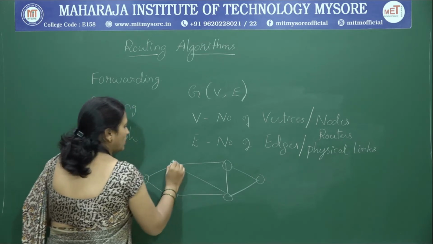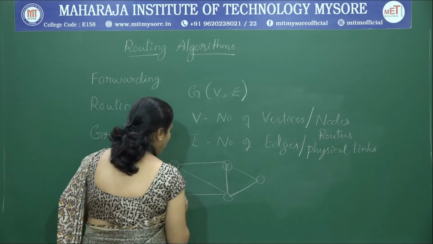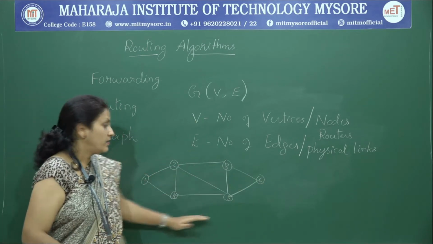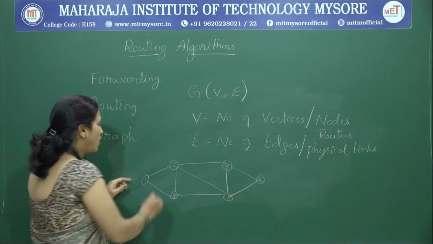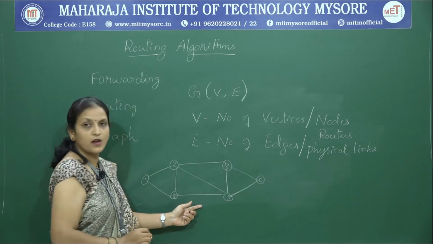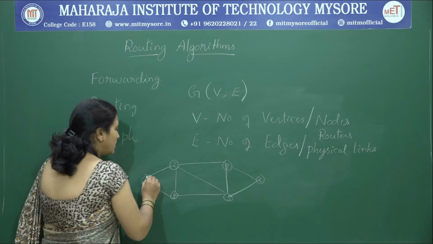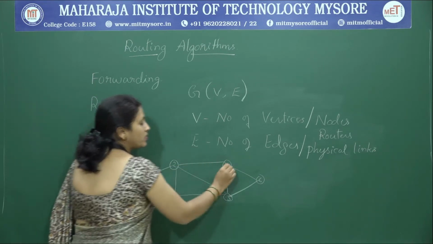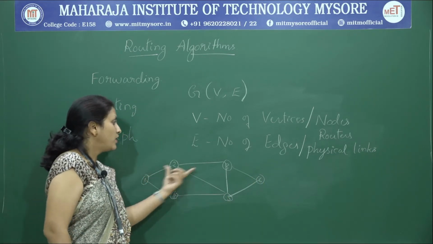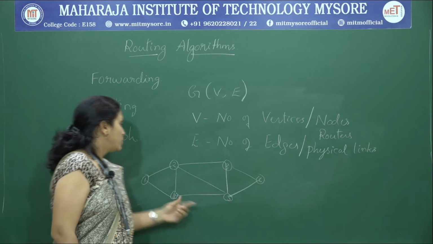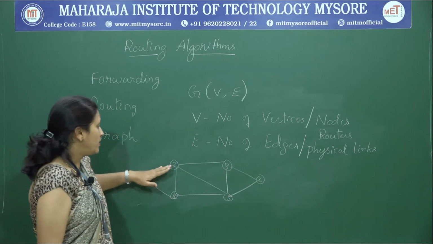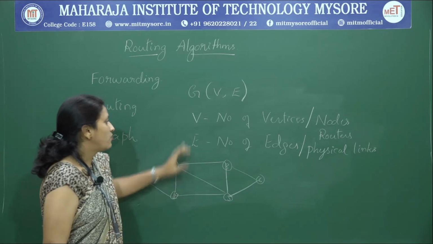Okay, 1, 2, 3, 4, 5, 6. If I consider this as a network topology, here all these nodes 1, 2, 3, 4, 5, 6 represent the routers in the network, whereas these links represent the physical links or the physical connection between each router. Okay, so these constitute our V in the graph, and these edges constitute our E in this graph.